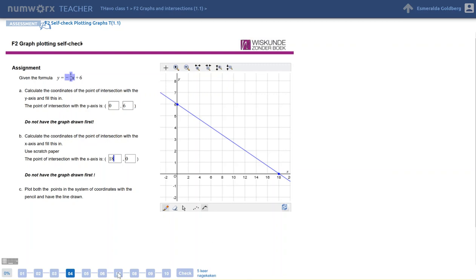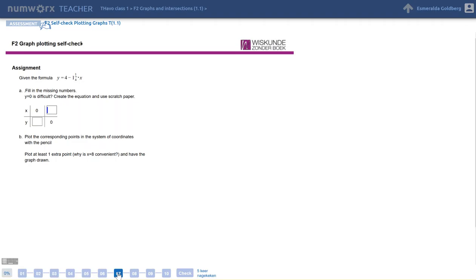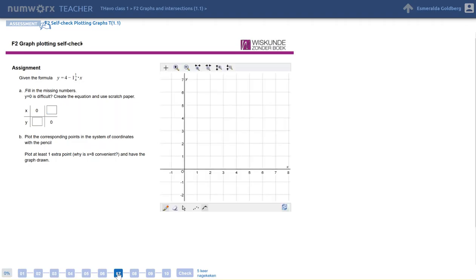Next, I want to show you something in exercise 7. Here we are given a formula and we have to do kind of the same thing as we had to do in exercise 4. This is the formula that they give us, and they want us to fill in the gaps in the table. The first gap is here, below x equals 0. So that's actually, if x equals 0, that's right here, that's a point on the y-axis. So they actually ask for the point of intersection with the y-axis again.